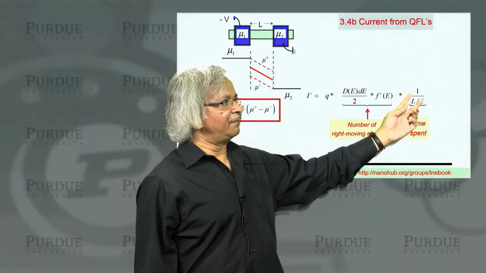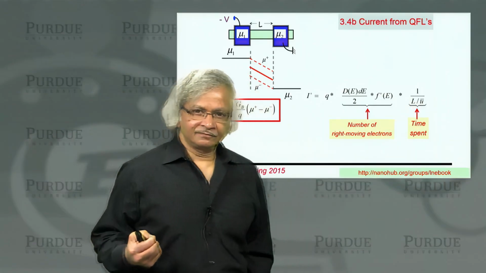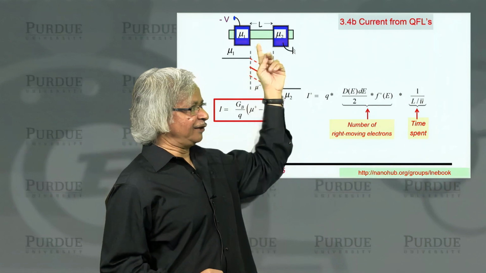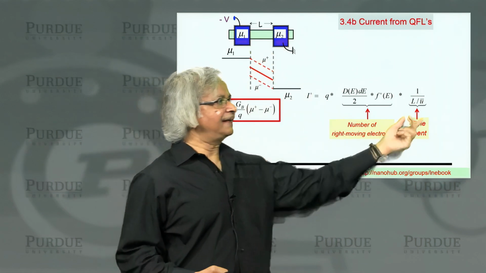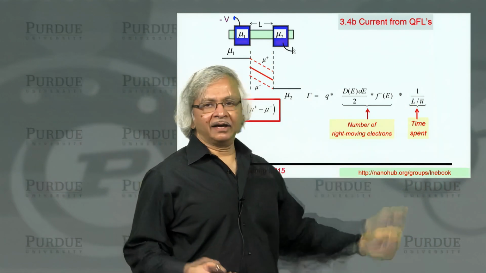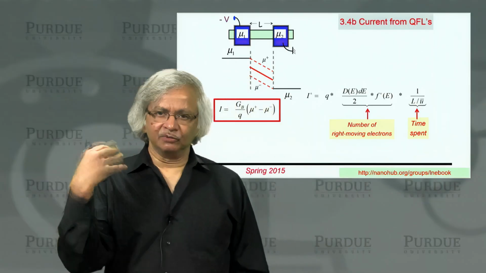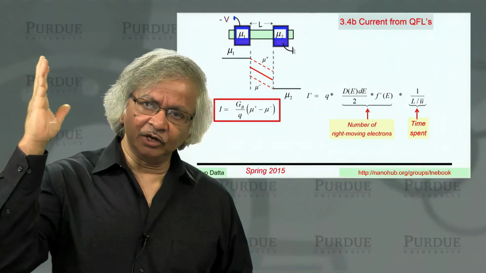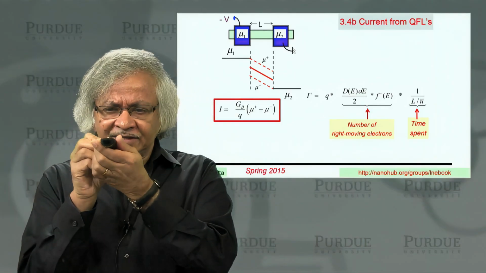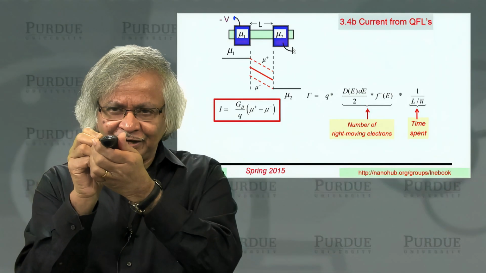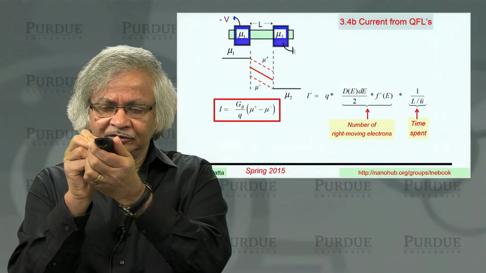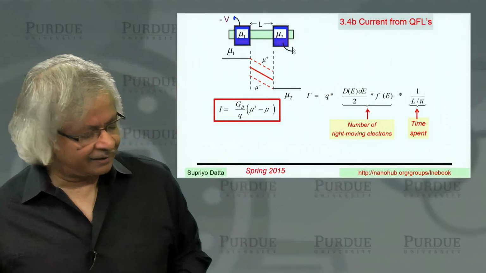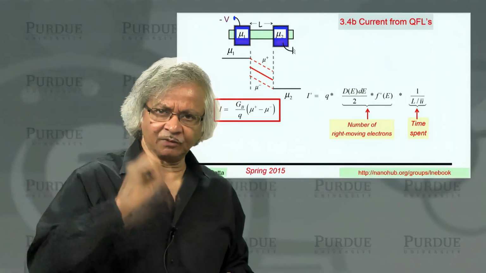And then I multiplied by the amount of time that each electron spends on the highway, in going from one end to the other. That time is L divided by the average velocity of right moving electrons. Now, why is there an average? Well, that's what we had discussed in unit 1 of the course. That's because there are some electrons going straight, some going at an angle, some going at another angle, and you need an average, which in the two-dimensional case, I think, amounts to 2 over pi, some small number.